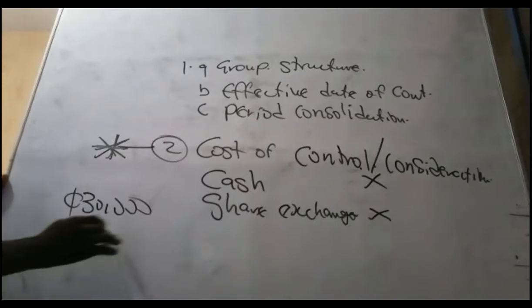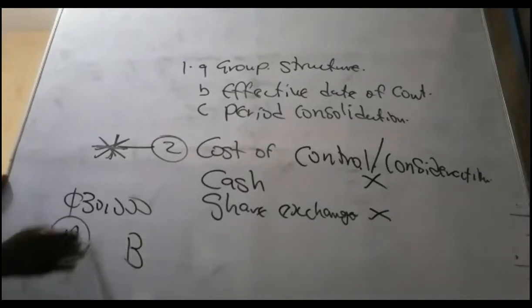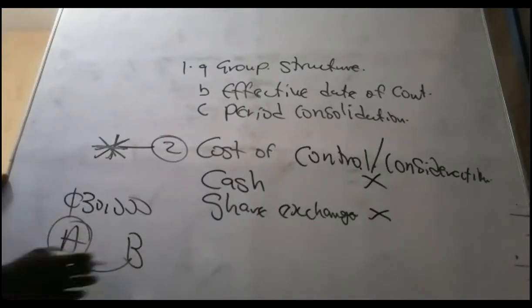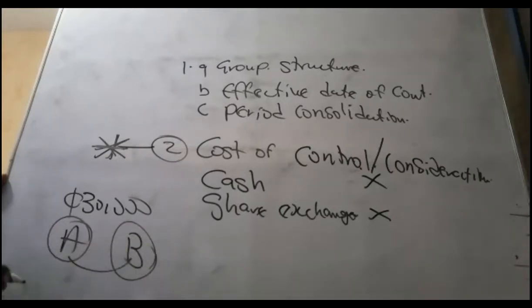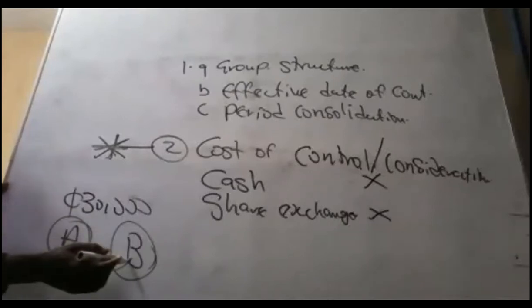So company A acquired company B. Company A has to pay 30,000 to the owners of company B so that they can surrender their shares to you, so that you become the parent, to gain control.